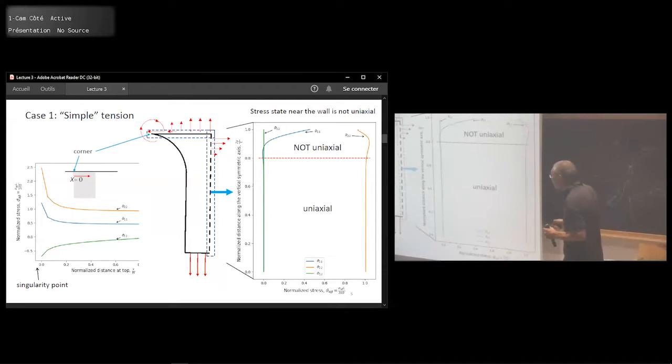Sigma 1, the stress in this direction indicated by the red arrow, is also 0, which is expected because that's what the uniaxial infinite theory tells us. But in here, you can see that there is some normal stress, indicated by sigma 1.